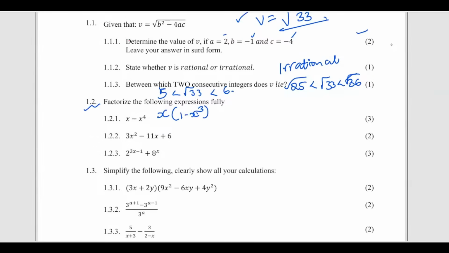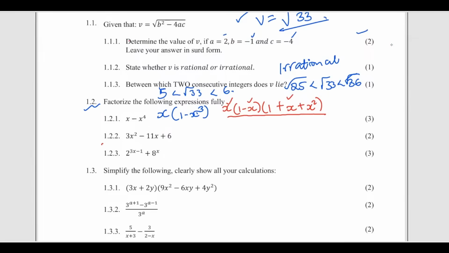So we shall have x, and then 1 minus x, and then 1 squared, which is 1, plus x, and then x squared. So this should be our answer. Probably 1 mark for the x, 1 mark for that, and the last mark for that bracket. So that is how we factorize that first one.